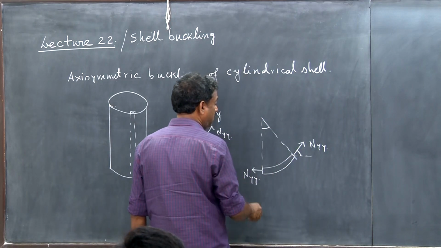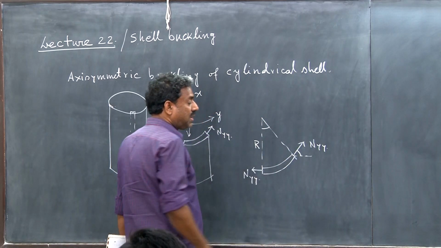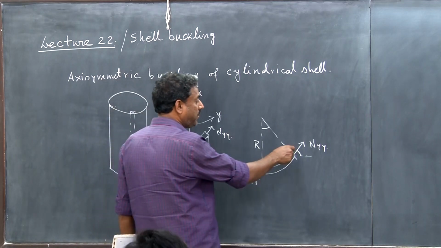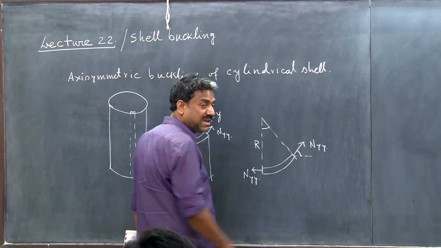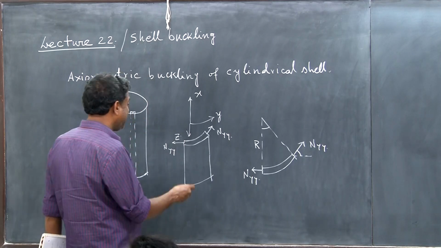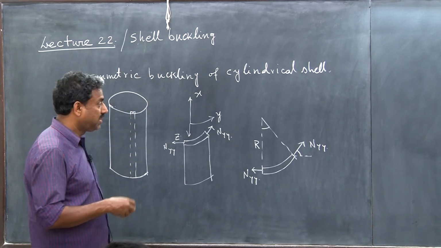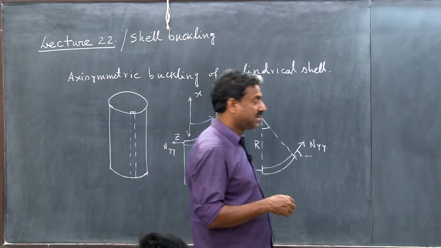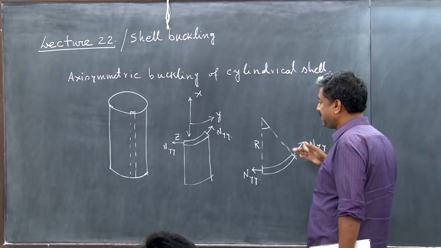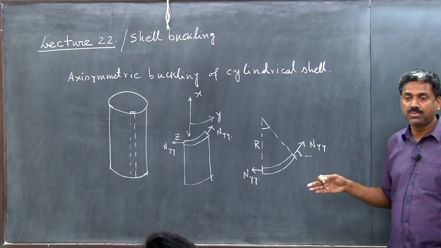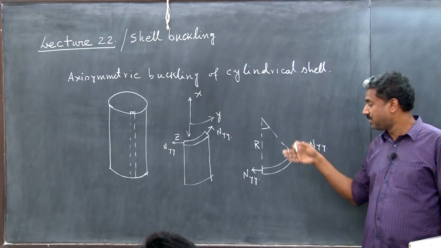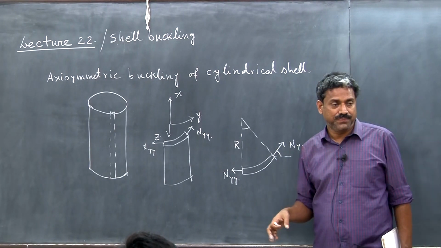This angle and this angle will be, and this is the radius r. So, we are considering the component of N_yy along the radial direction, and that basically will add to the effective external, I mean we can consider that to be the transverse load, which is contributing to the effective external pressure.